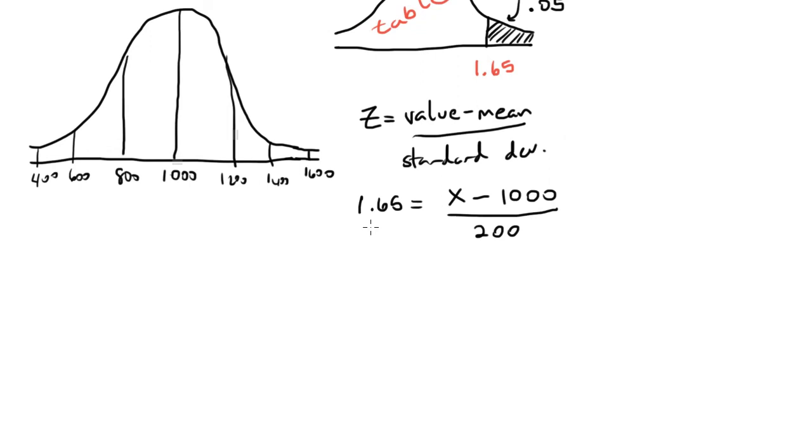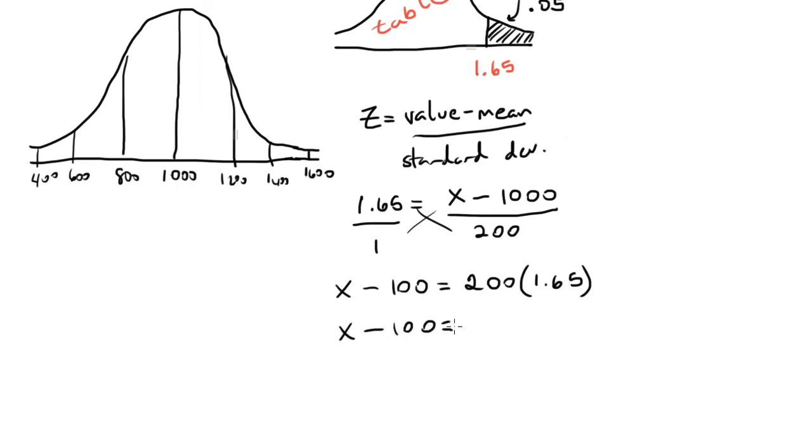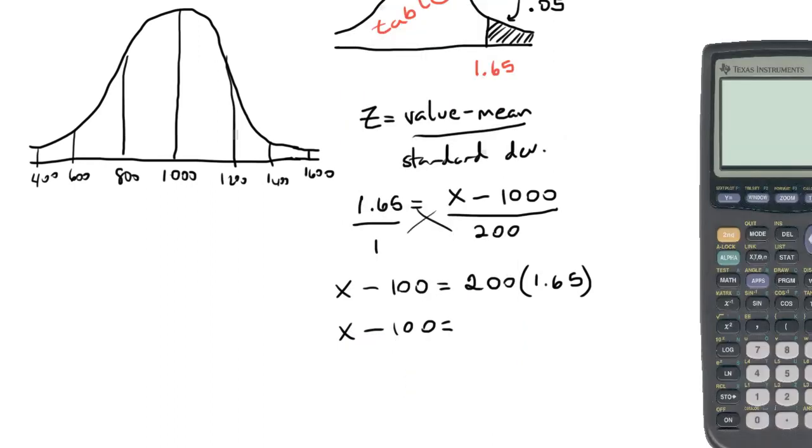Okay, so essentially we need to solve this equation. I'm going to cross multiply. X minus 1,000 equals 200 times 1.65. So 200 times 1.65, we can do that in a calculator if you want.